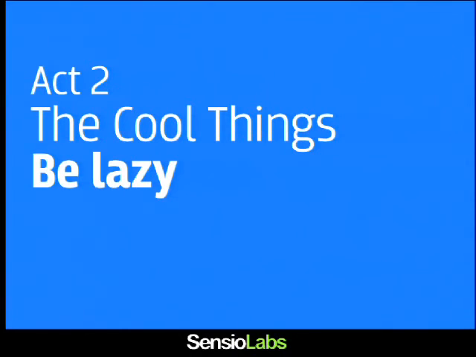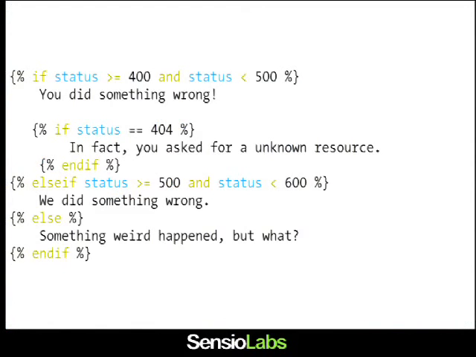We are all lazy, of course. So I just want to give you a quick trick and a tip, really. Sometimes you have this kind of structure in the HTML page. So here, this is a page where I want to display some content based on the current HTTP status code. So there is an error somewhere. I want to display an error page.